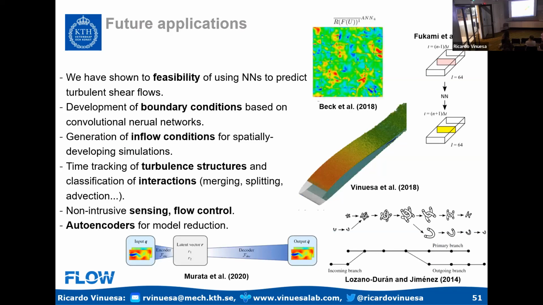But these are some of the Christmas wishes for future work. Many of these things we have already done, because this slide is a bit older, so we have behaved quite well. We are now looking at coherent structures and tracking them in time with machine learning, so we can predict them quite well. We're using autoencoders. I will talk about this next week.